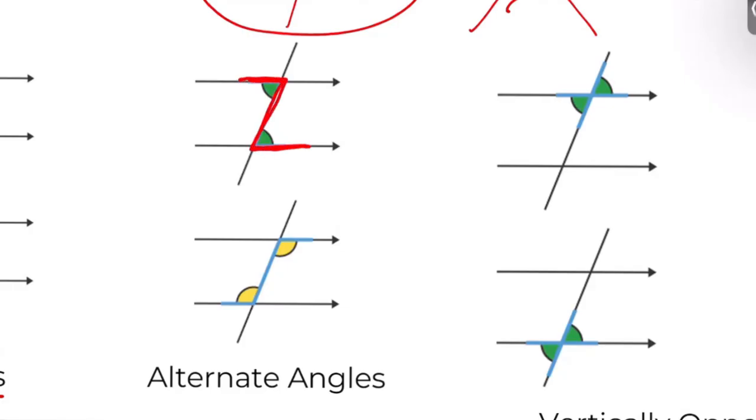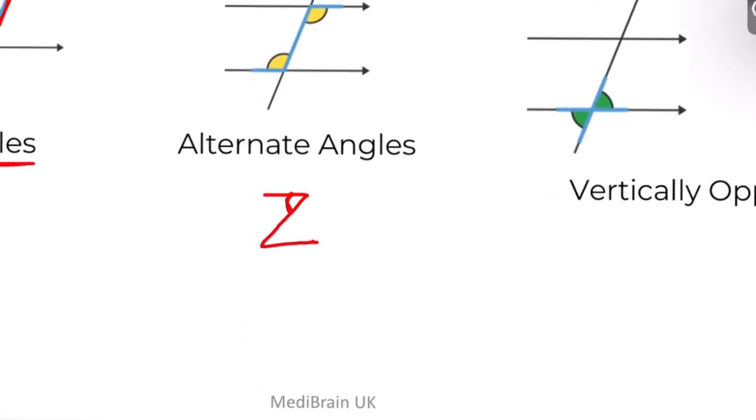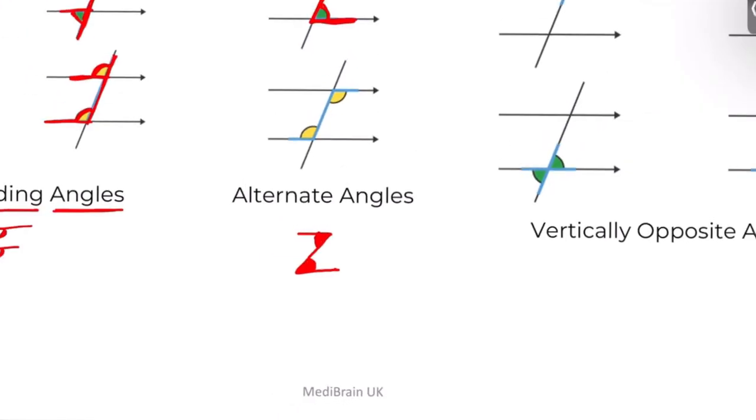What this is saying is that the angles which are within the Z are going to be equal. These two angles formed by the Z are going to be equal. That's what alternate angles tell you.